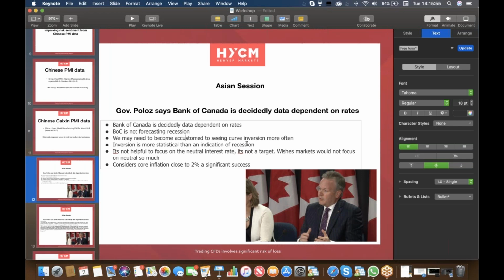You can see the recording of that if you want more information on the inverted yield curve. He carries on about the yield curve. He says it's not helpful to focus on the neutral interest rate. It's not a target. He wishes the market would not focus on neutral so much. The market is focusing so much on whether it's neutral, raising or cutting because that predicts and indicates the direction of the Canadian dollar.